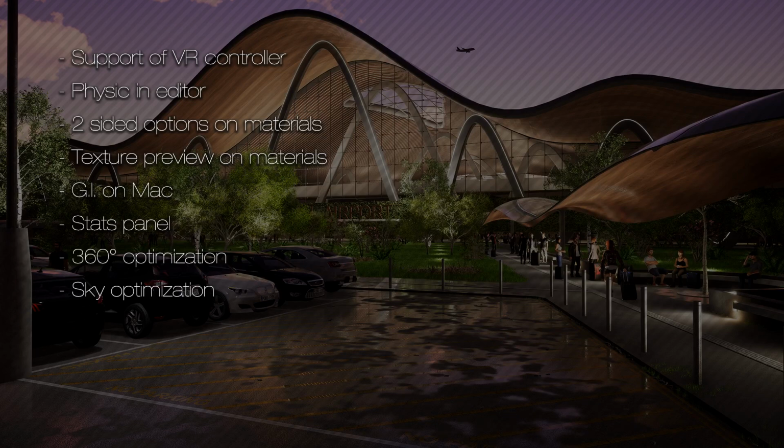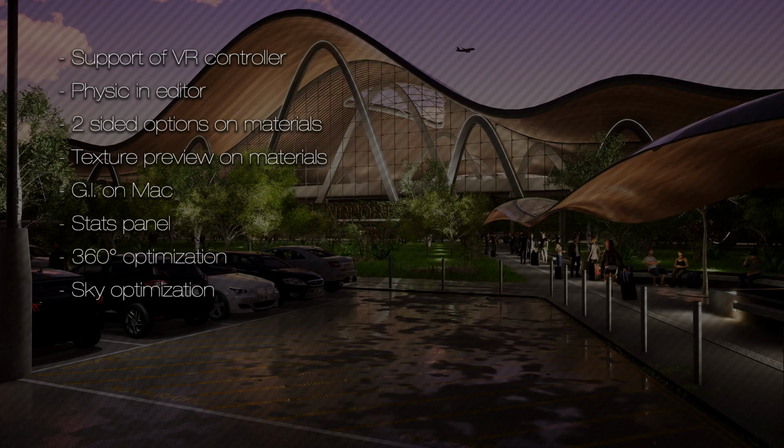Now we have the GI on Mac. It was a huge feature because in Twinmotion 2018 there was a limitation of the Unreal Engine that cancelled this feature, and now we bring it back to Mac. We have also added the statistics panel that has a bunch of stats regarding the poly count, the memory used, the performance of your computer.